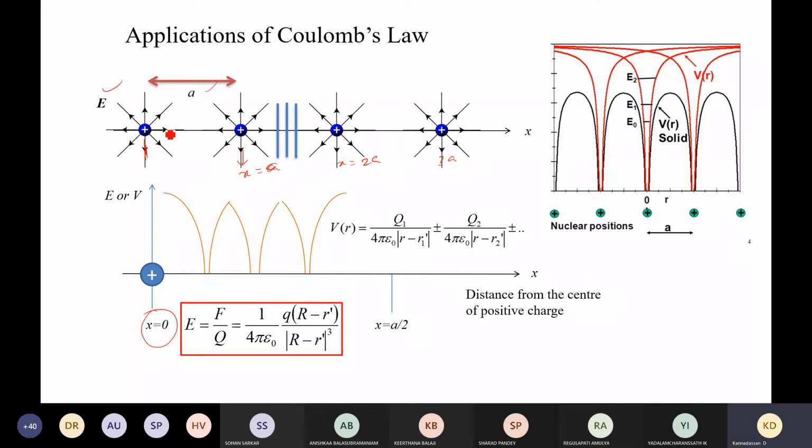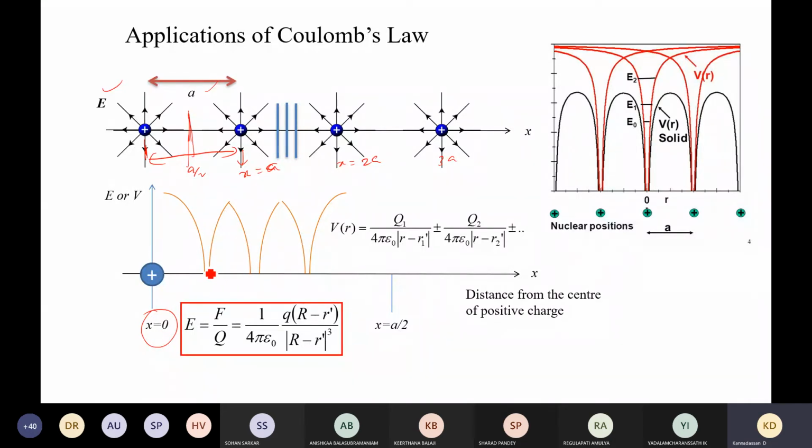By the way, we can calculate the electric field between these two regions, particularly with respect to the principle of symmetry. We can calculate till A by 2 what will happen, then after A by 2, very similar behavior is going to happen. So what you will ultimately get is that the electric field is nothing but the sum of the forces exerted by the other charges.